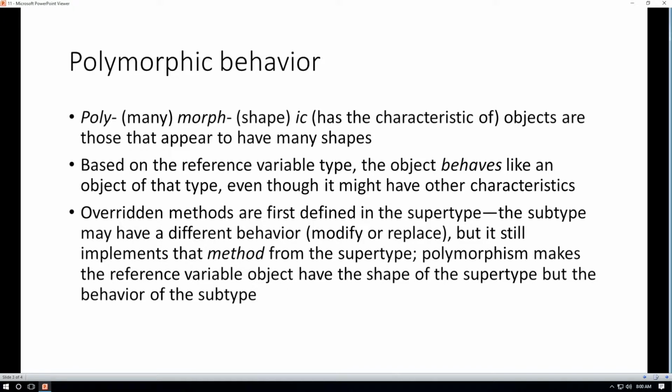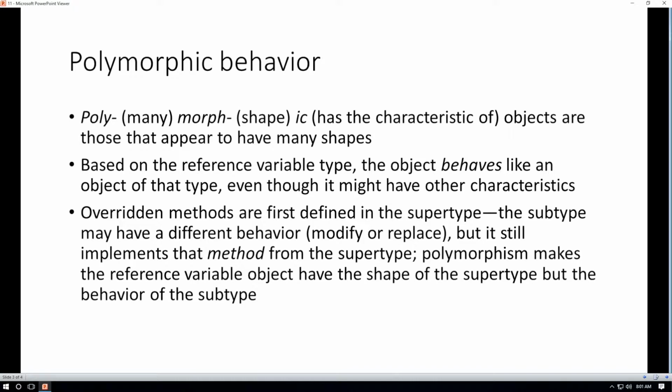Now, we need to know that because polymorphic behavior is dependent upon the fact that a subclass is a superclass plus more. The term polymorphic comes from two Greek words, poly meaning many or multiple, and morph meaning form or shape, and ik being a suffix meaning that it has a characteristic of something. So polymorphic objects appear to have different shapes.